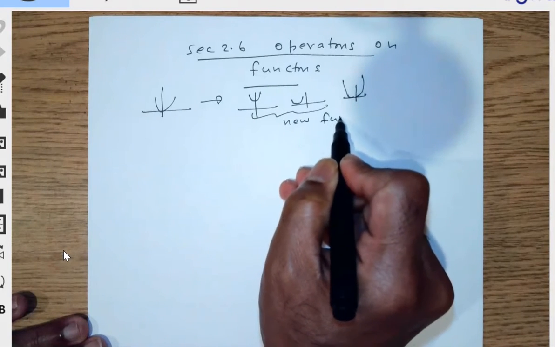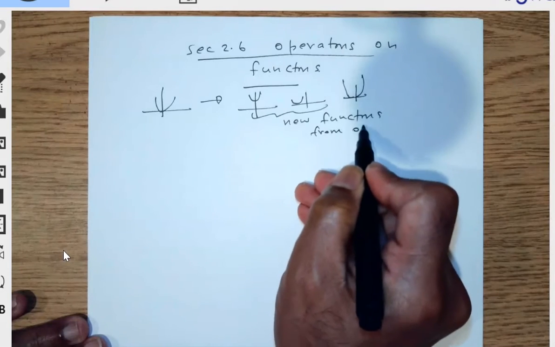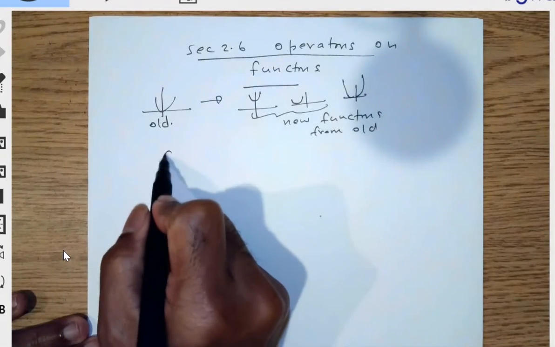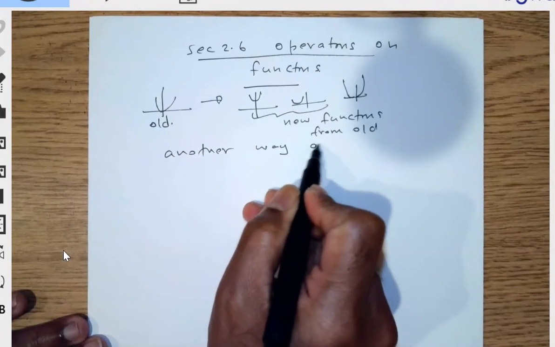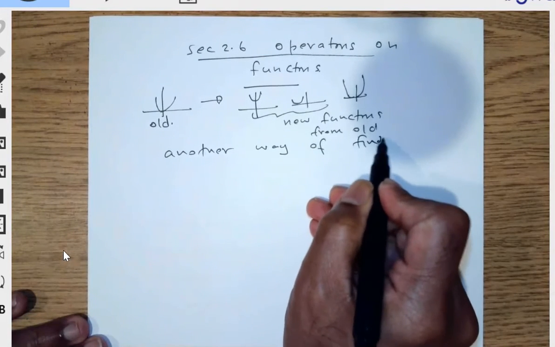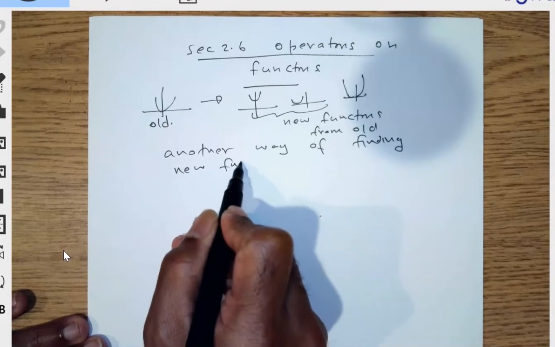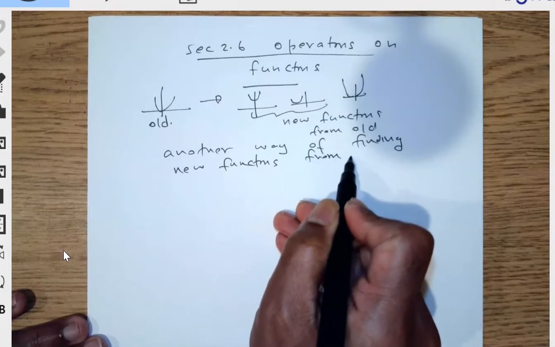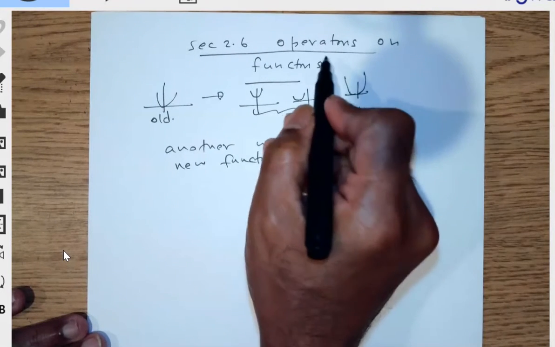We're going to do another way of finding new functions from old functions, and that is using operations on functions.